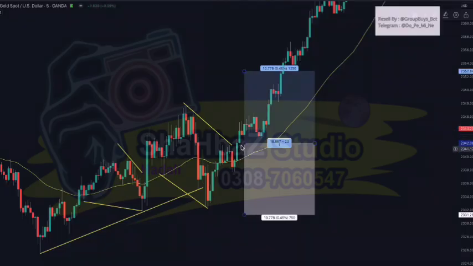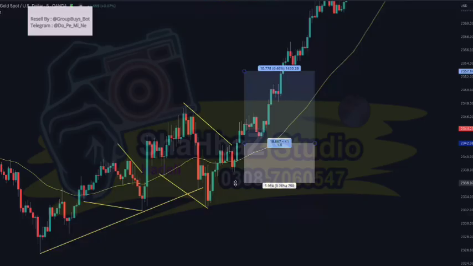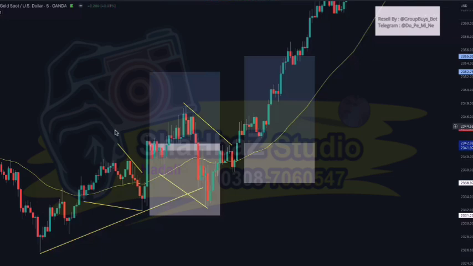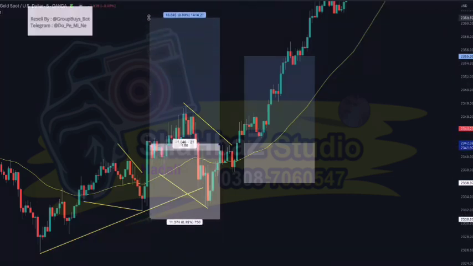Price closed over it and gave strong confirmation here, and this was the stop loss and at least 1:2 is our target point right here. In the first scenario, you can see the structure create this, and this is a larger entry point here with the stop loss just below it and target 1:2, which is around here.